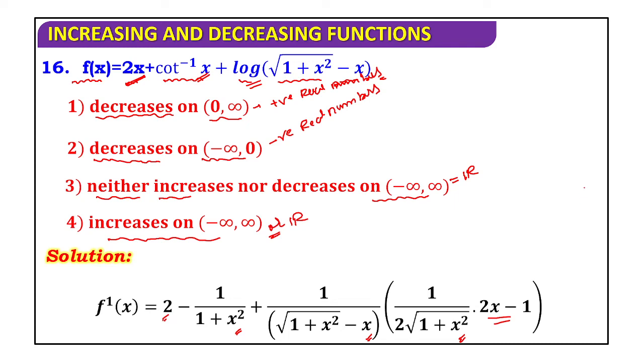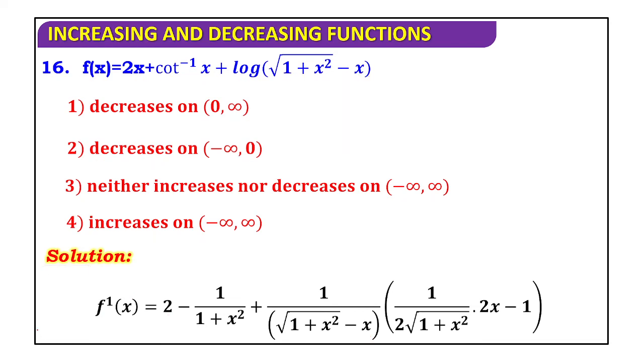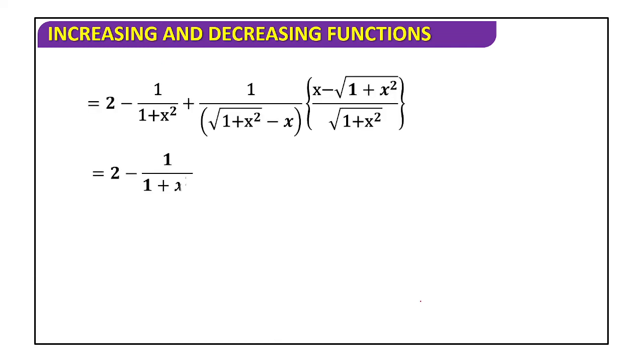Okay. So now you just simplify this so that you are going to get 2 minus 1 plus 1 by 1 plus x square plus 1 by root of 1 plus x square minus x, times minus root of 1 plus x square. This term and this term will get cancelled, and here the minus sign will be common.